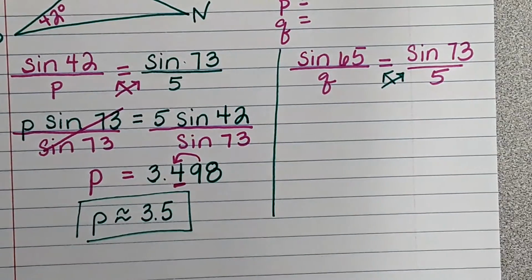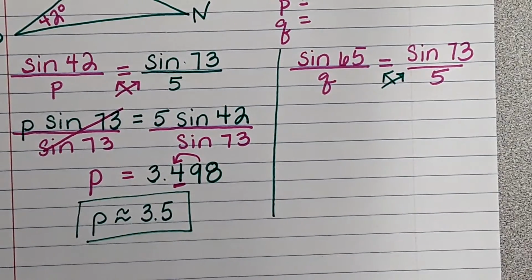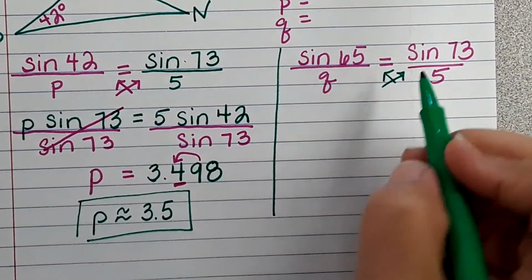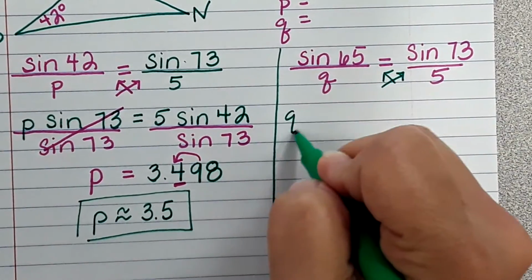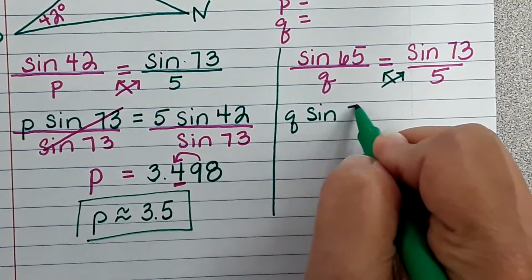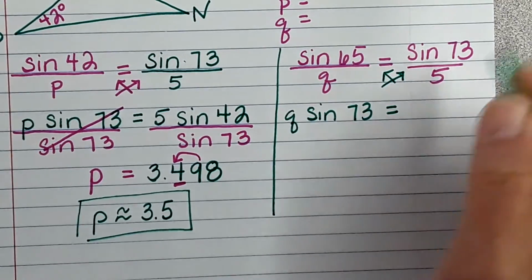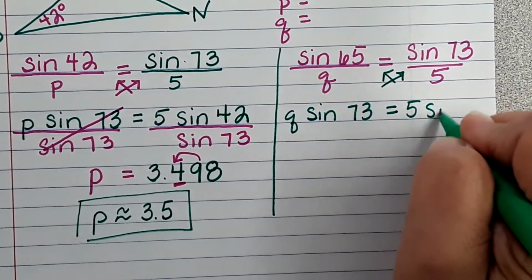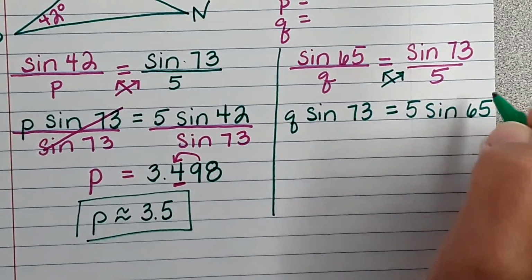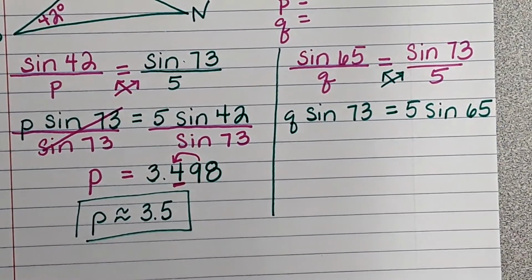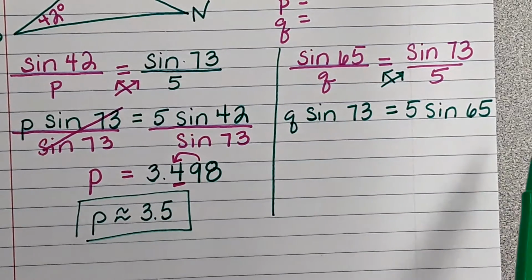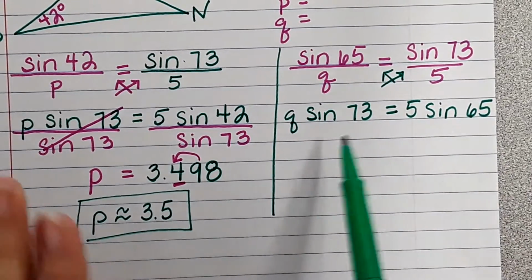So you're either going to have to find two sides, or you're going to have to find an angle. So we get q sine 73 equals 5 sine of 65. It doesn't matter where the variable goes. It doesn't matter if it's on the left side or the right side.